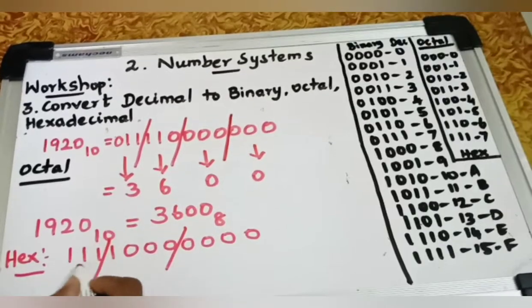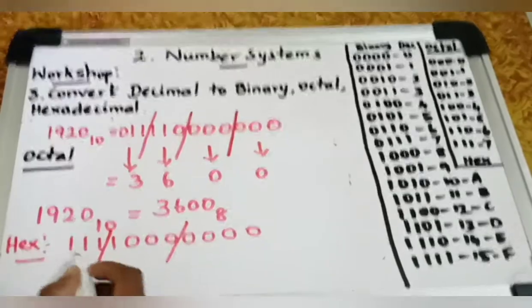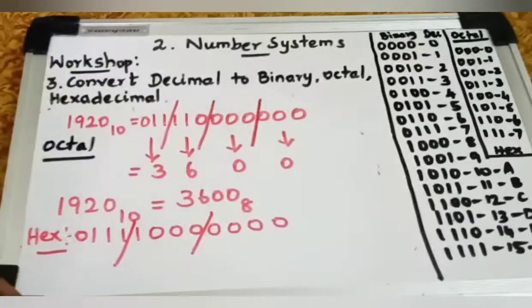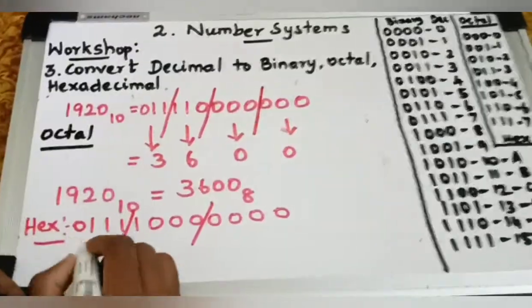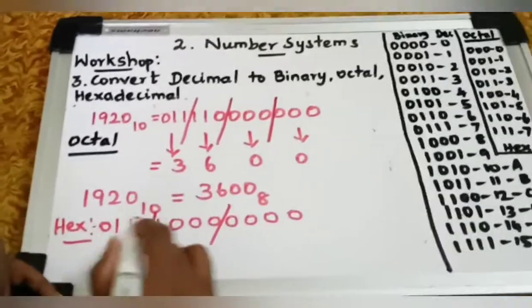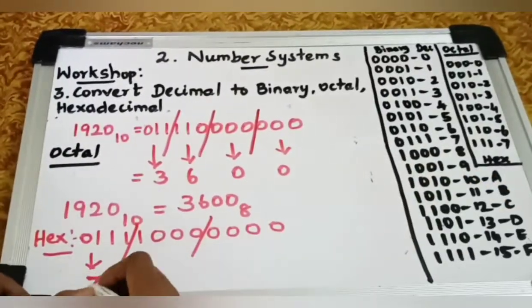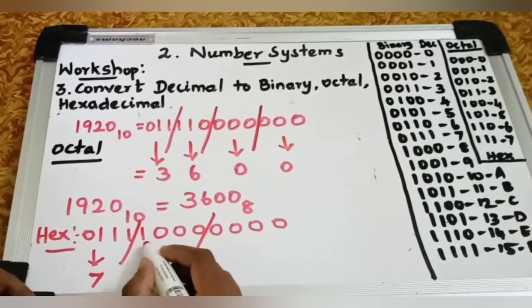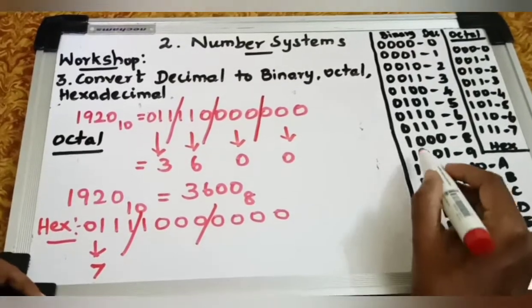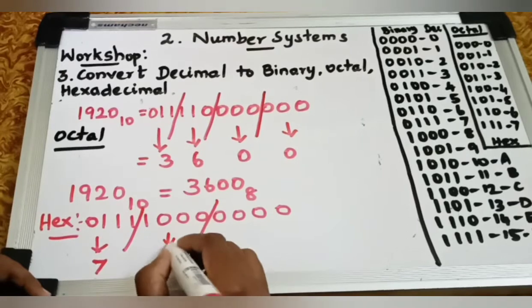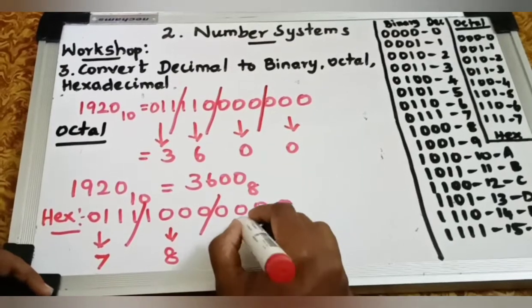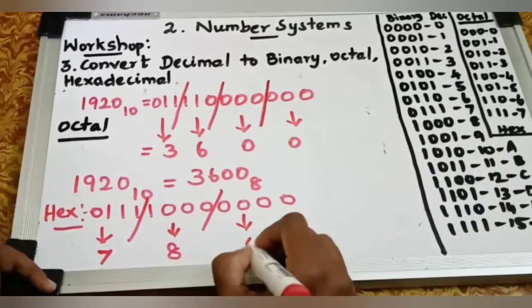Then the last has only 3 digits, so we add one more 0 to form 4 digits. What is the equivalent of this? 0 1 1 1 is 7. Then 1 0 0 0 is 8. Then this is equal to 0.